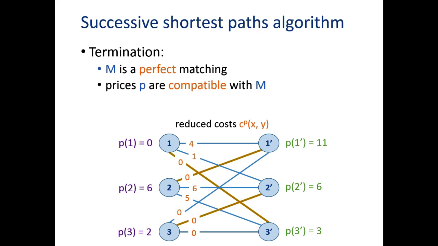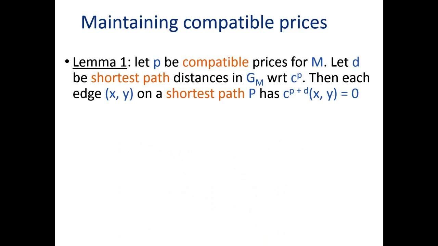Okay, so this is termination, perfect matching, compatible prices. So let's prove that we can actually maintain compatible prices throughout. Basically this will be 3 lemmas, all of them simple, and they come together to give you a proof. So suppose we have compatible prices, and let's look at the shortest path distance in the residual graph with respect to costs modulated by those prices, CP, like here.